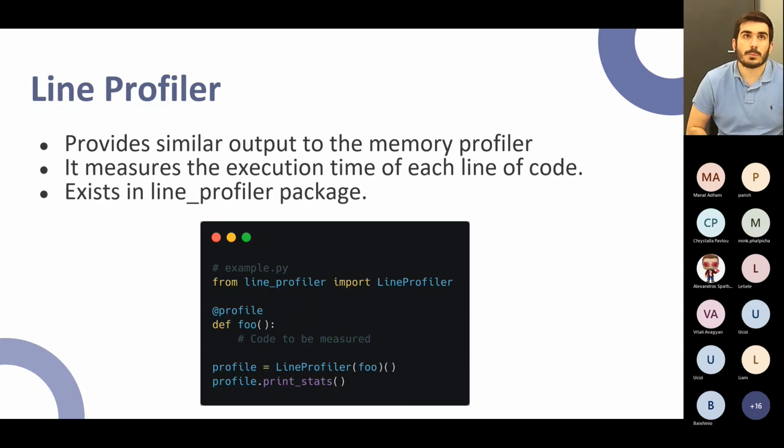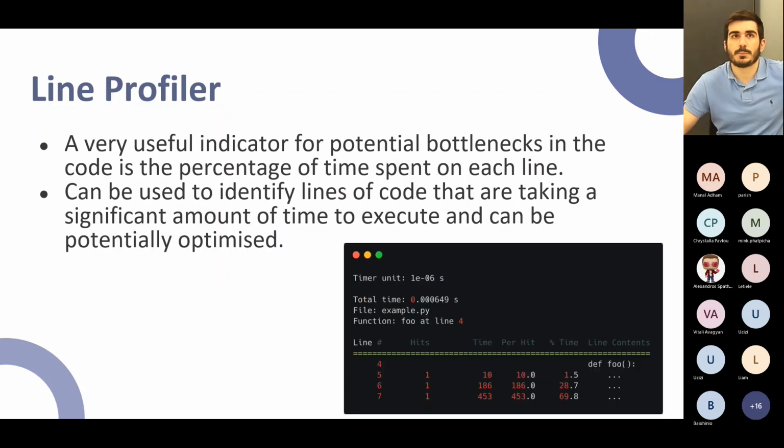In order to initialize it, you just need to create a line profiler wrapped function, and once you wrap that function, you can use it as you normally would, and then just print the stats using that profile object you have received when running the function.